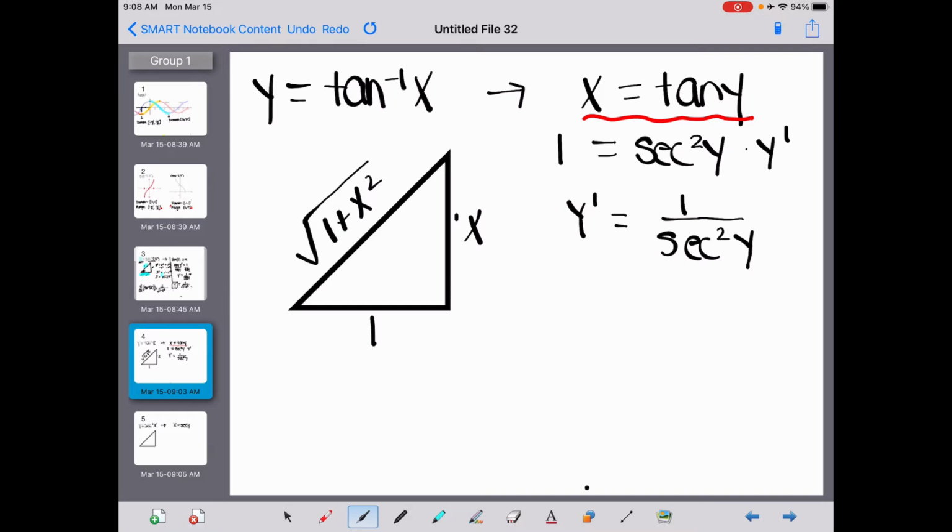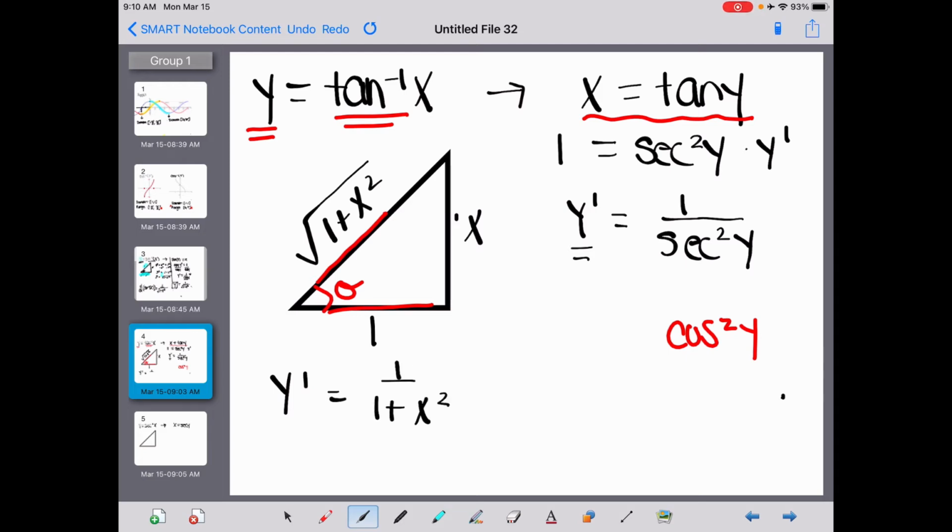And from there, to prove the derivative of tangent inverse, the derivative of y is 1 over secant squared, which we can also think of as, sorry, not 1 over, but cosine squared y, which in this case is adjacent over hypotenuse squared, meaning that y prime is just 1 over 1 plus x squared. So now we know that the derivative of tan inverse is just that, 1 over 1 plus x squared.